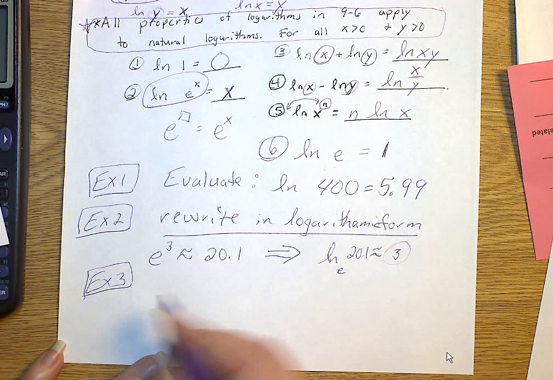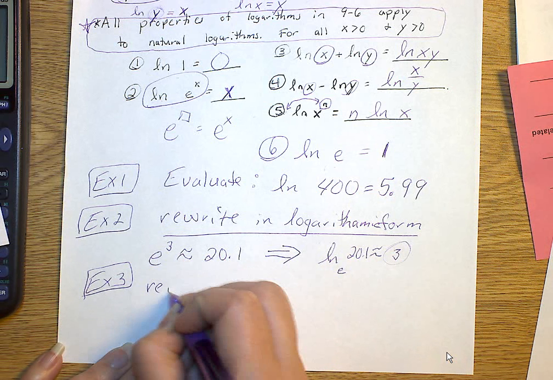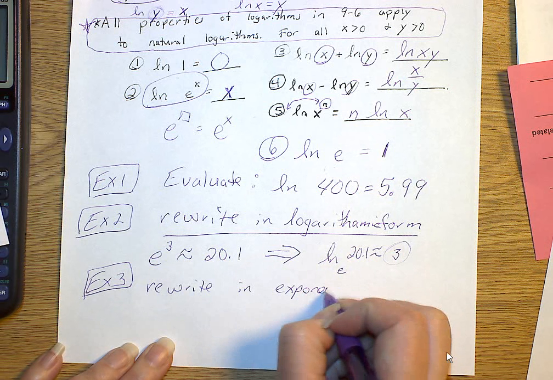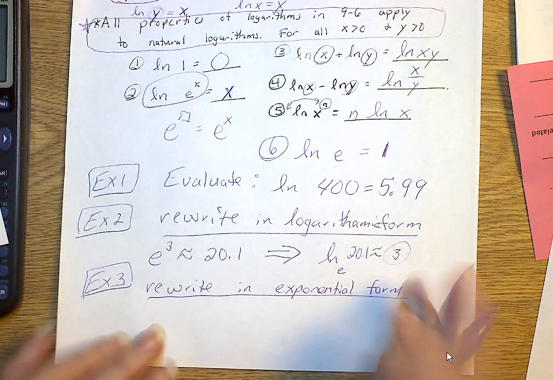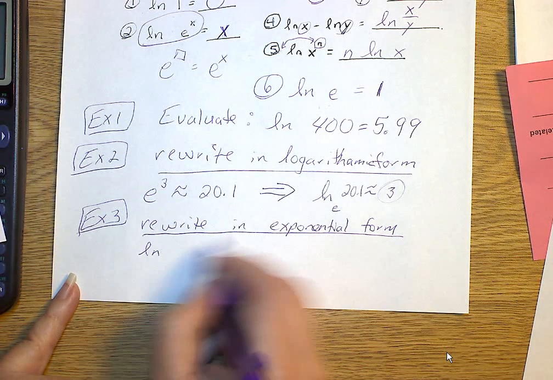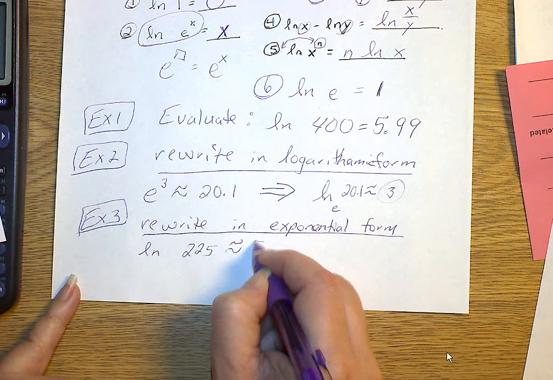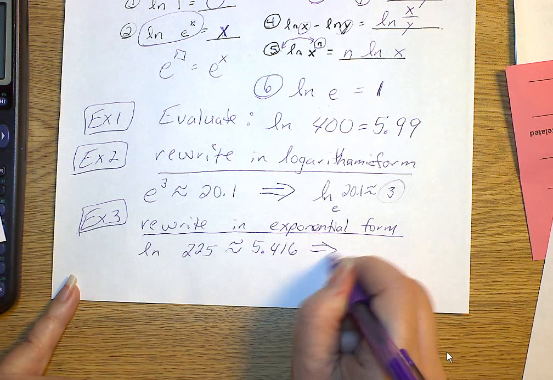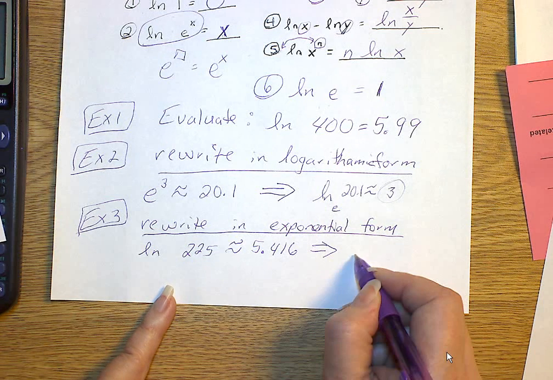Example 3. Rewrite in exponential form. We have ln of 225 is approximately 5.416. Exponential form: what is my base? e.